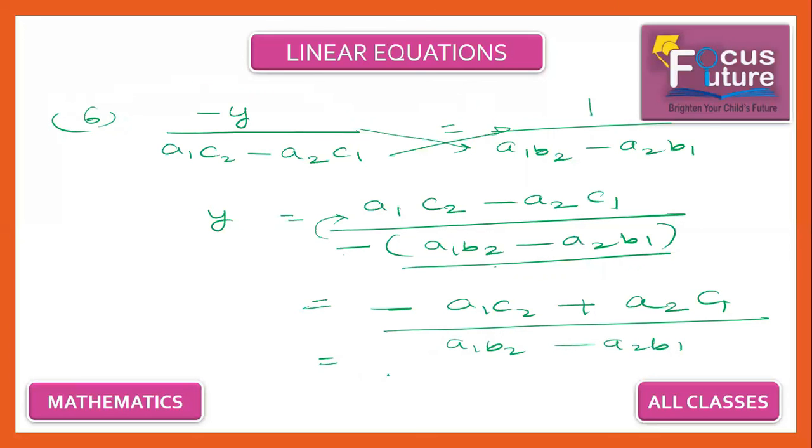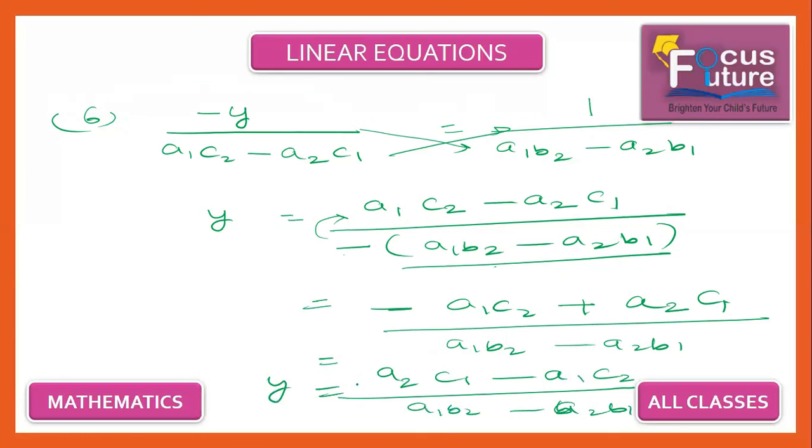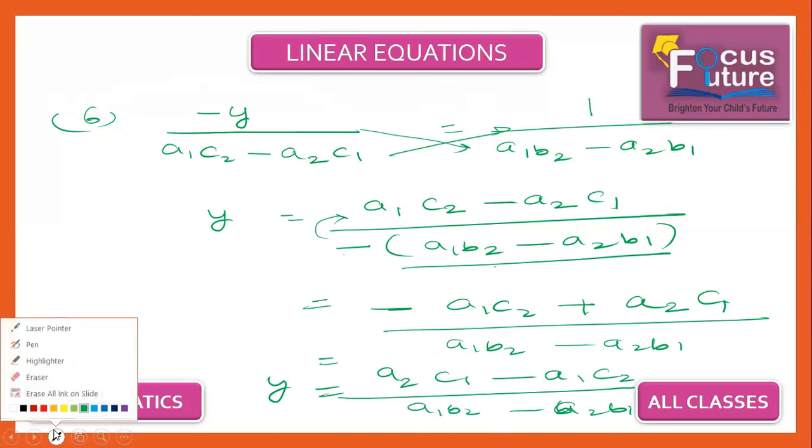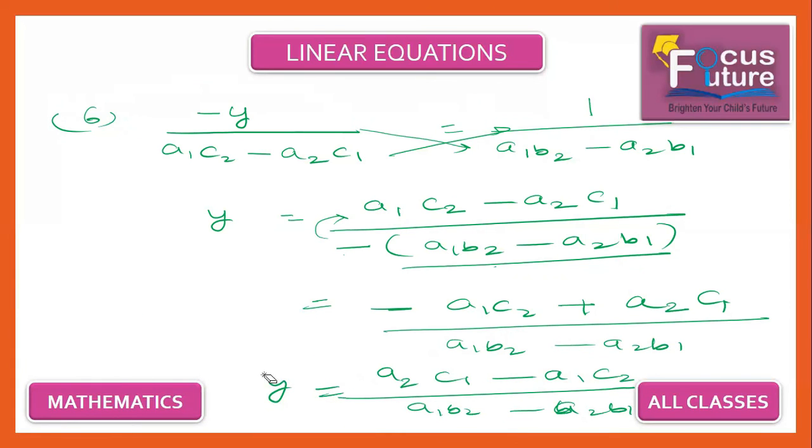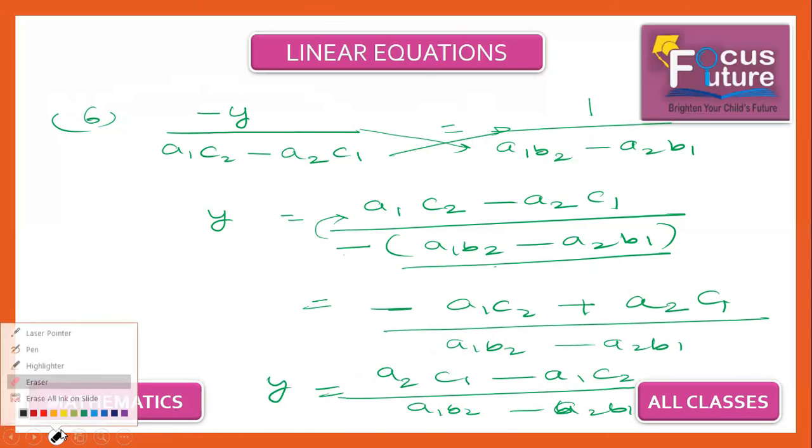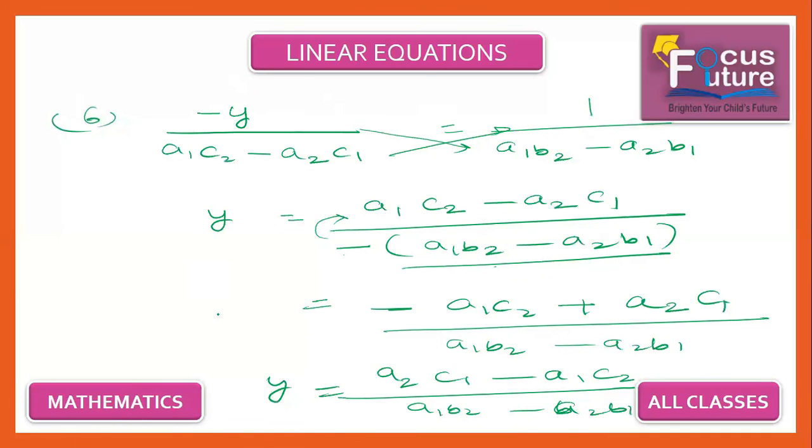So this would be a2 c1 minus a1 c2 divided by a1 b2 minus a2 b1. This would be y. So the value of y is a2 c1 minus a1 c2 divided by a1 b2 minus a2 b1. Now let us do problems on this cross multiplication.